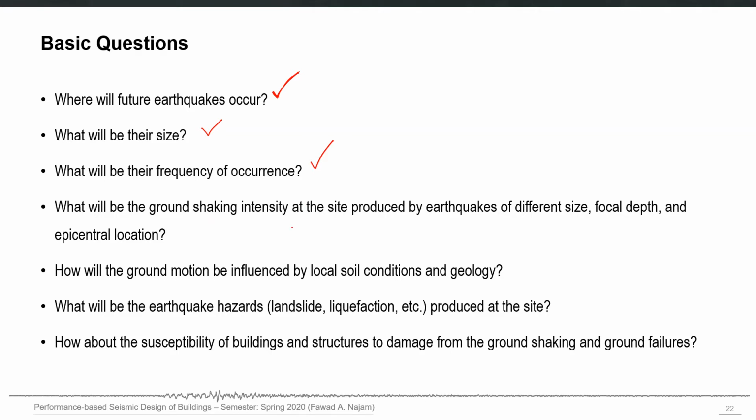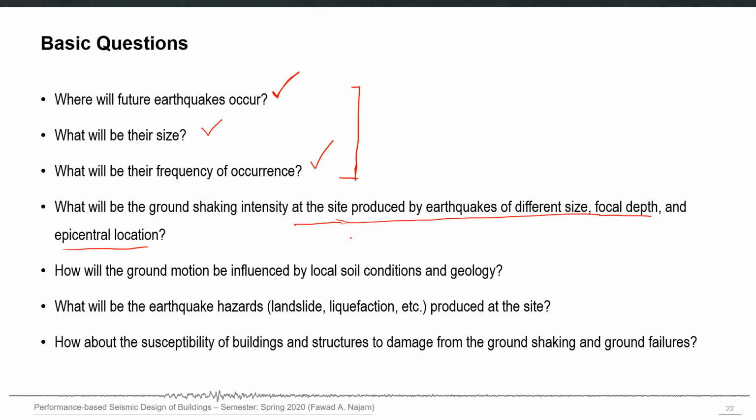Then another important question is, what will be the ground shaking intensity at a site produced by earthquakes of different size, focal depth and epicentral location? For earthquakes we can have these questions, but the ground shaking intensity experienced at a particular site is what most of the structural designers and other stakeholders are interested in: how much shaking a structure is going to experience during a particular earthquake.